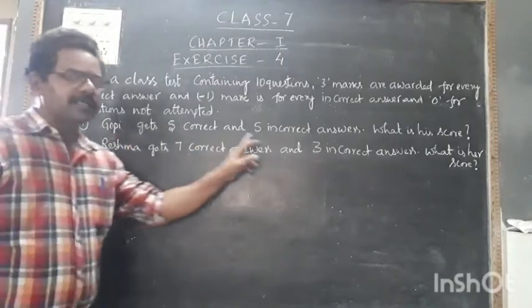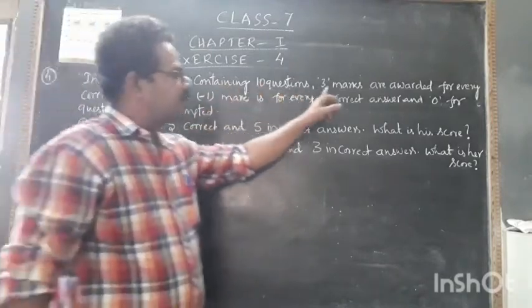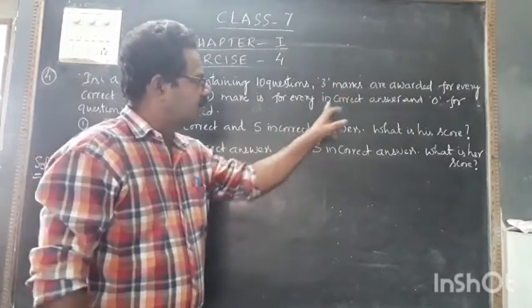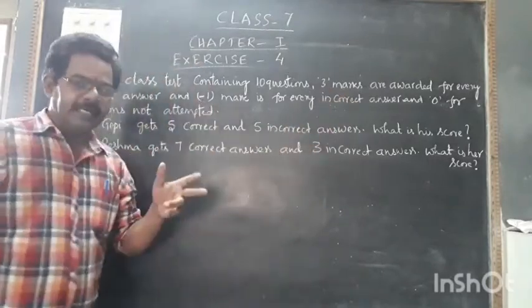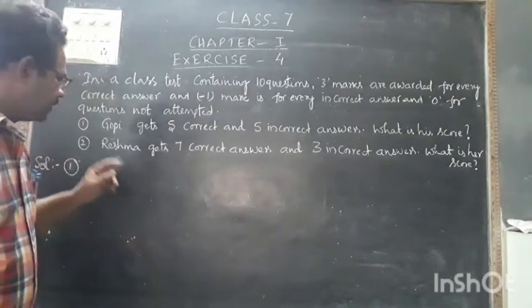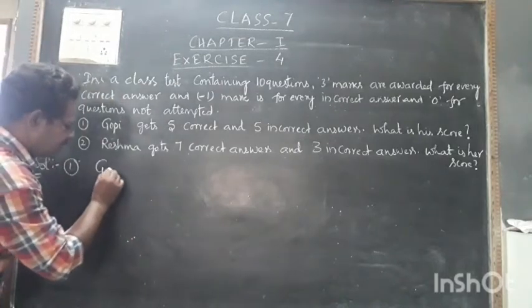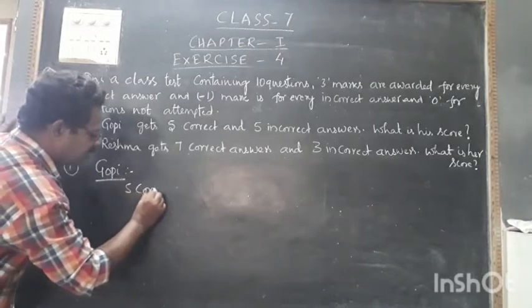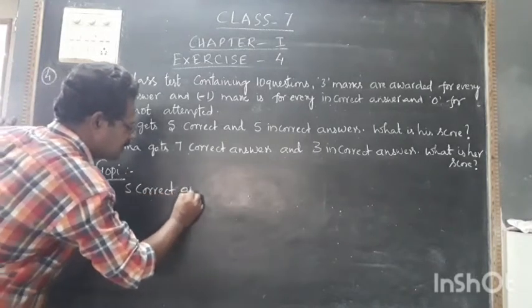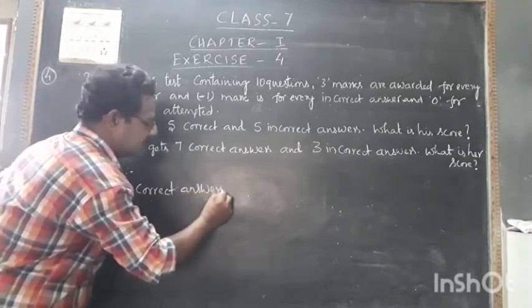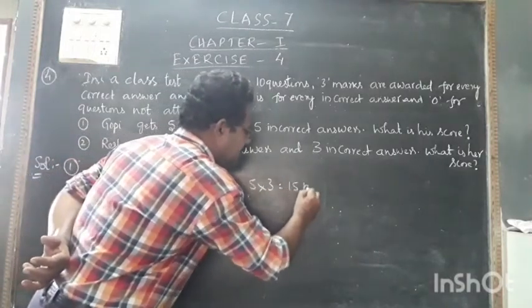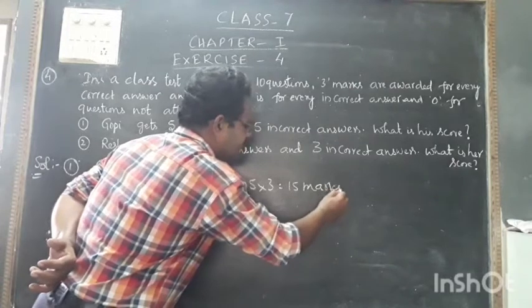Okay, first we shall take the solution for the first question. Gopi has 5 correct answers. Each correct answer is awarded 3 marks. For each incorrect answer, 1 mark will be deducted. So with respect to Gopi, 5 correct answers means 5 into 3, which is equal to 15 marks.